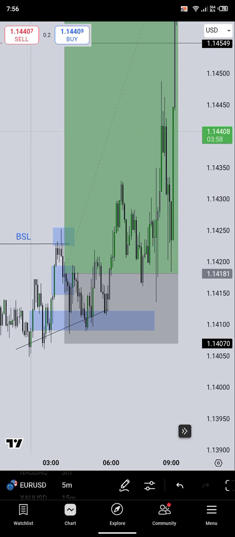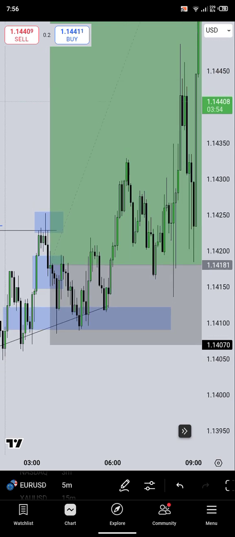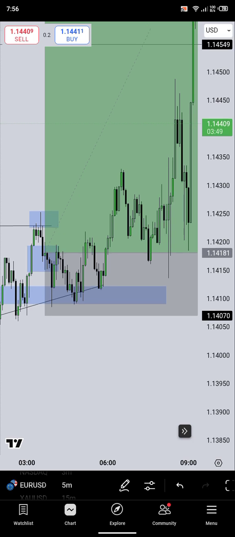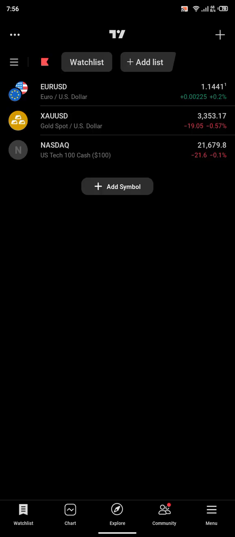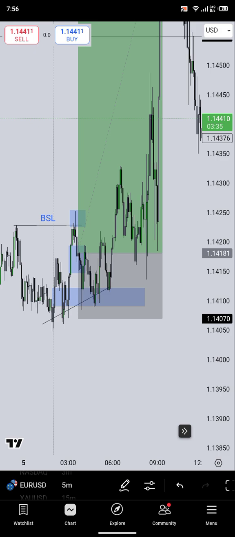Just imagine seeing how price danced at this point and we close the trade, and then it ends up going in our direction, then we begin to regret. So trading is not always smooth. Sometimes it will do a lot of damage before going.